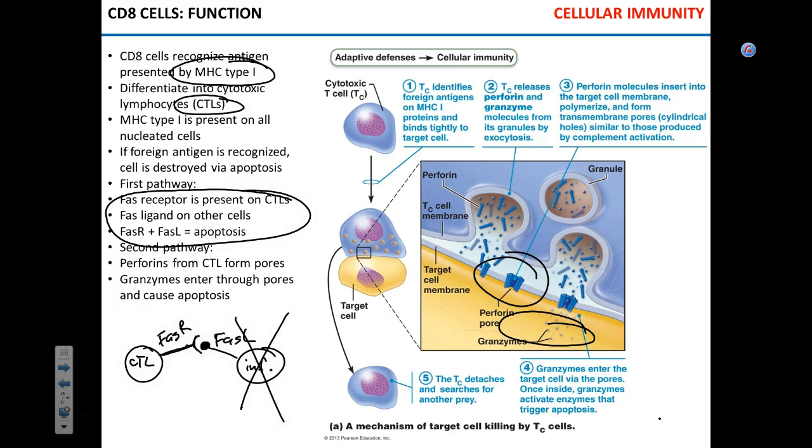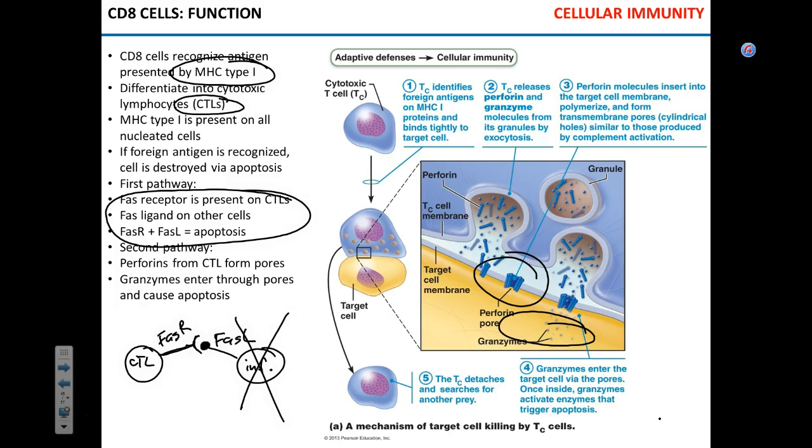So before we move on, I want you to have a good grasp on the differences between MHC class 1 and 2, where you can find them. How do they present antigen? Class 1 presents antigen synthesized in the cell. Class 2 presents the products of pathogen breakdown. Which cells are they presented to: MHC1 presents to CD8, MHC2 presents to CD4.